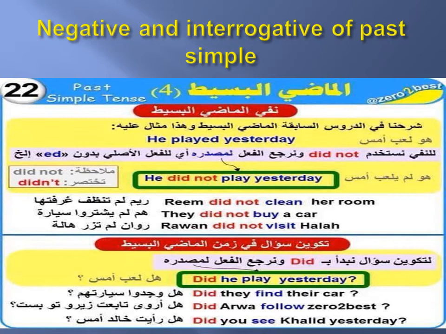Also, you can use a WH question to ask about information in a statement. For example, she watched an action film yesterday. Then simply you can ask, did she watch an action film yesterday?